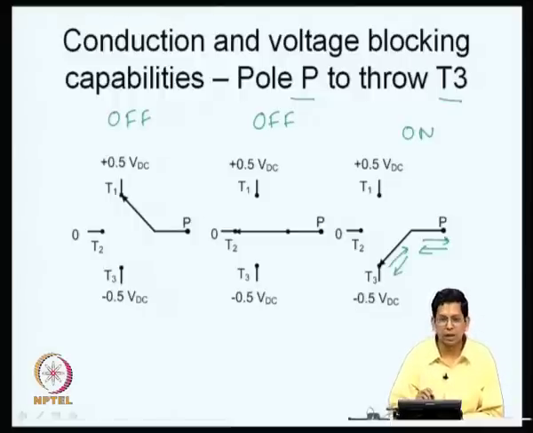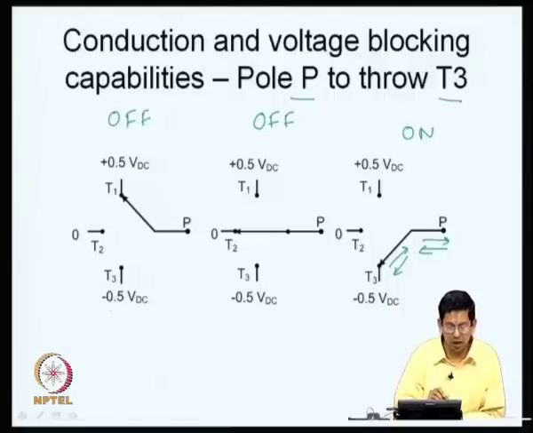Between P and T3 you need bidirectional current carrying capability. So, once again you need a switch which is capable of conducting in both the directions. This is quite similar to what we had between pole P and throw T1. Here, if you say it is off, but if you look at the potential, the pole P is connected to throw T1 and therefore to plus 0.5 VDC, and so this is positive and throw T3 is negative. What is the potential between the two?